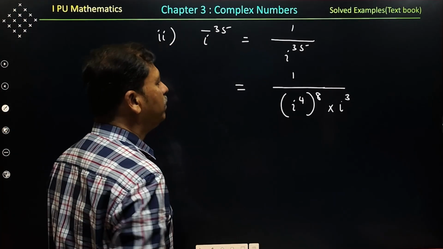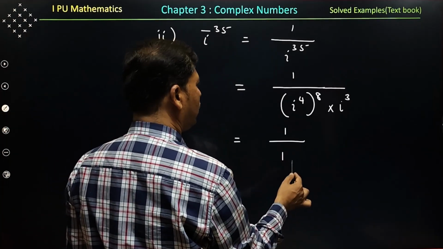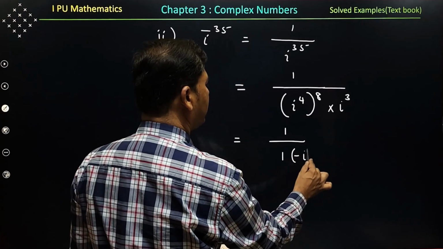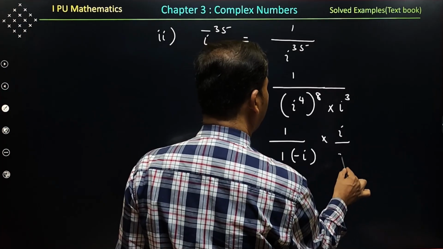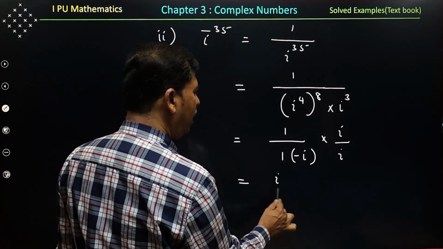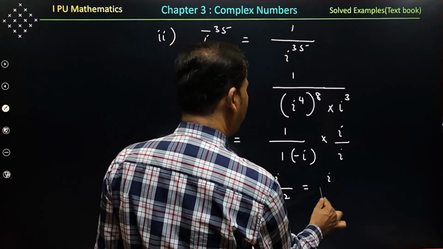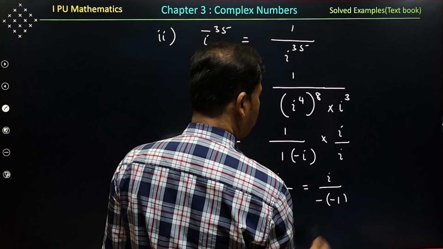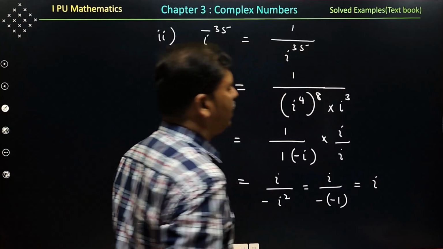Now this is equal to 1 divided by, 1 to the power 8 is 1 only, I cube value is minus I. In order to simplify it, you multiply by I and divide by I. You will be getting the numerator I, denominator is minus I square. So I divided by I square, whose value is minus 1, minus of minus is plus. So the final answer is I. This is the answer.